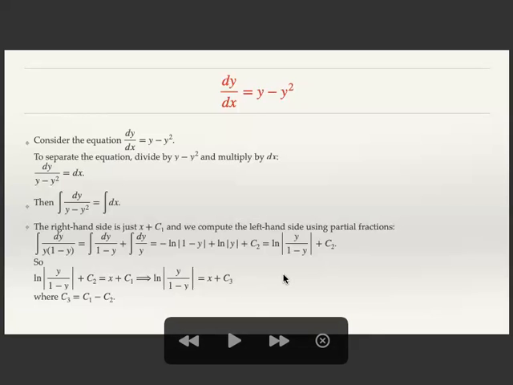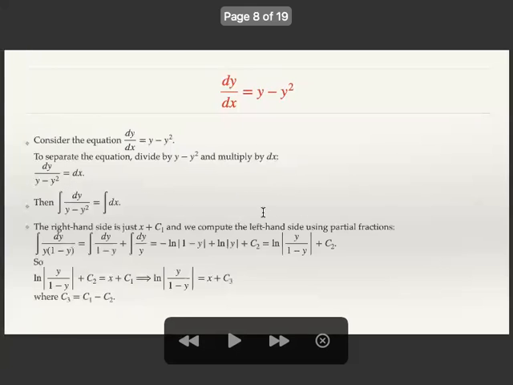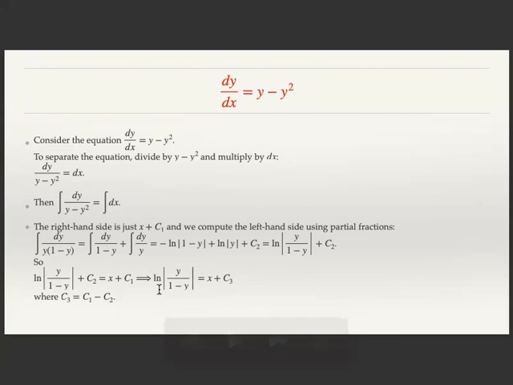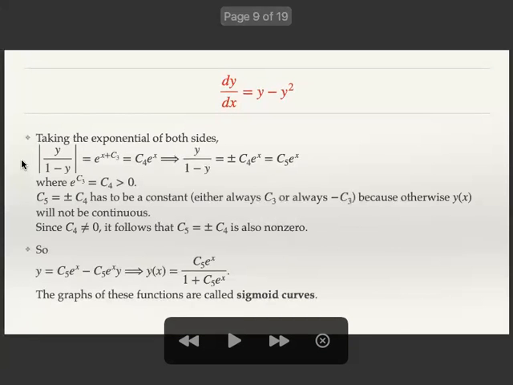Okay, so actually, let's go back and look at this. Now I have a natural logarithm here, so I'm going to take the exponential in order to get rid of the natural logarithm. Exponential of logarithm of something is equal to that something. By taking the exponential, we get rid of the natural logarithm. So on the left-hand side, I got rid of the logarithm by taking the exponential.